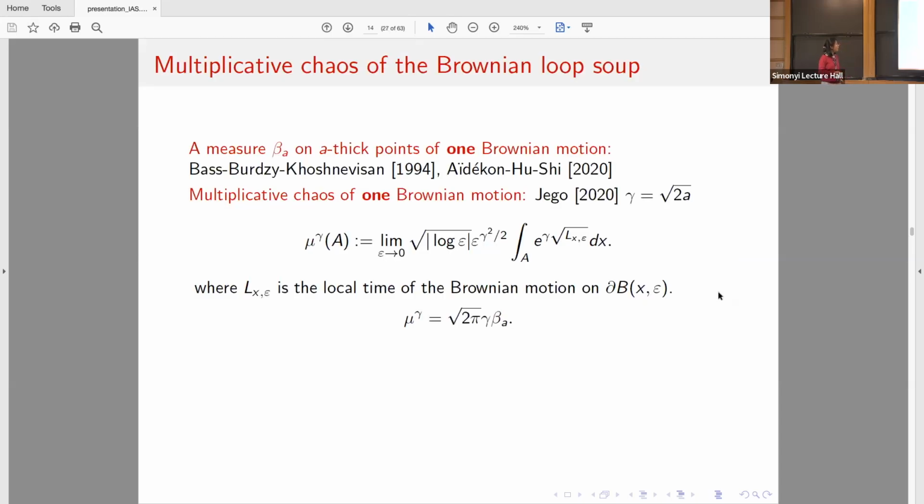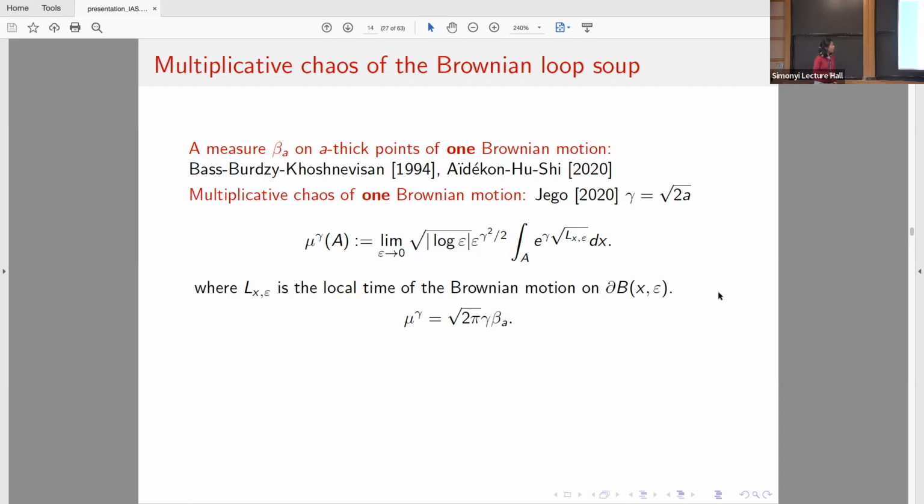Our construction uses the multiplicative chaos of the Brownian loop soup as an important tool. The measure on α-thick points of one Brownian motion was introduced by Bass, Burdzy and Khoshnevisan in 1994, and more recently Aïdékon and Shi have shown that it is also equal to some other notion of thick points.